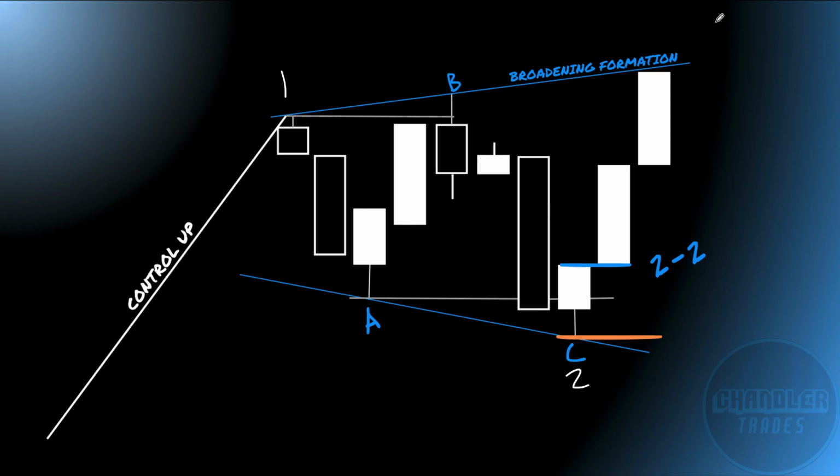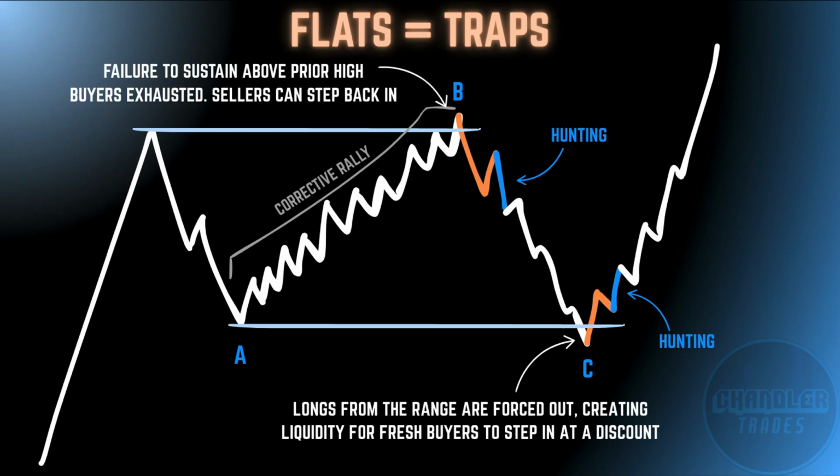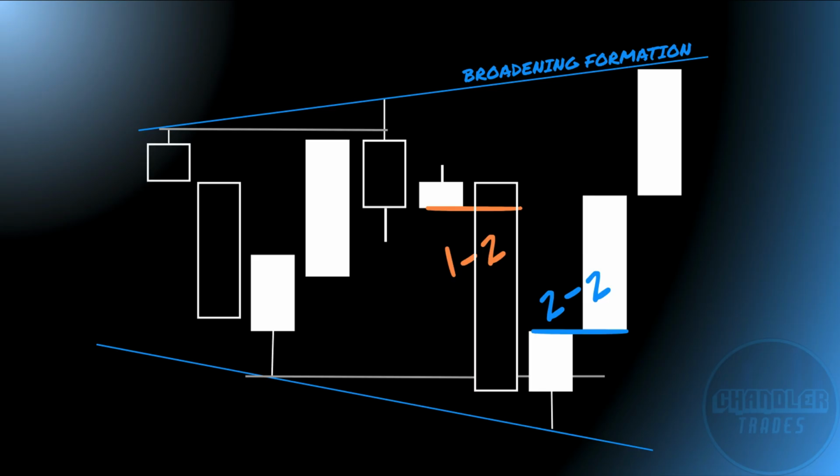And so this is an example of how a trader could blend these two concepts, the strat and wave, and come up with a pretty similar result in either case. Whether you're trading a flat based on a reversal structure and a hunting leg, or you're trading a broadening formation based on the strat candle combos, both are essentially doing the same thing.